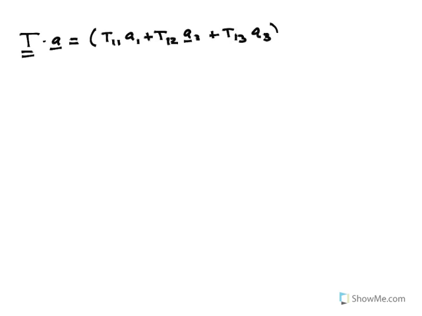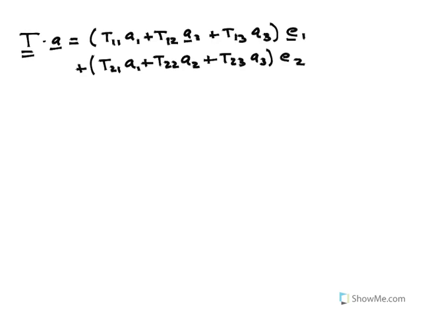Now if I write that out further, I get T applied to A is going to equal (T11 A1 plus T12 A2 plus T13 A3) multiplied by E1, plus (T21 A1 plus T22 A2 plus T23 A3) multiplied by E2, and then plus (T31 A1 plus T32 A2 plus T33 A3) multiplied by E3.